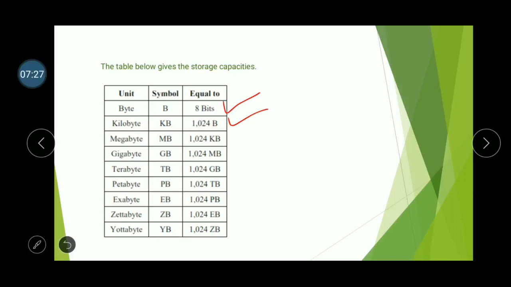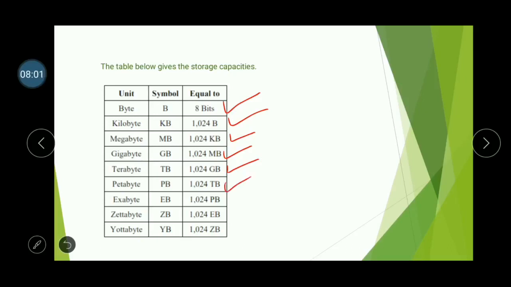After that, MB, megabyte: 1024 KB is equal to 1 MB. And after that, GB: 1024 MB is equal to 1 GB, gigabyte. After GB, terabyte, TB: 1024 GB is equal to 1 TB.